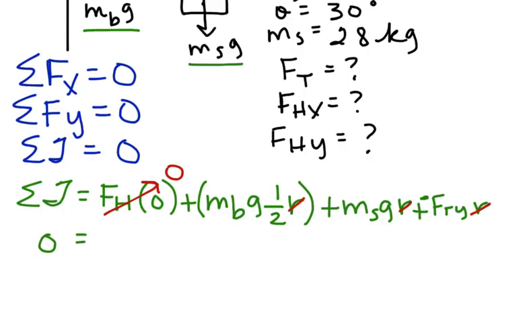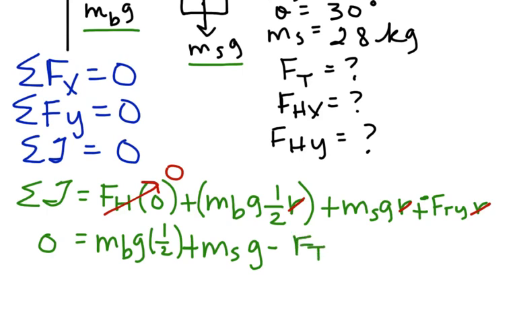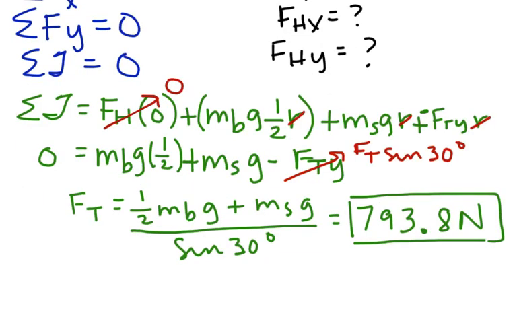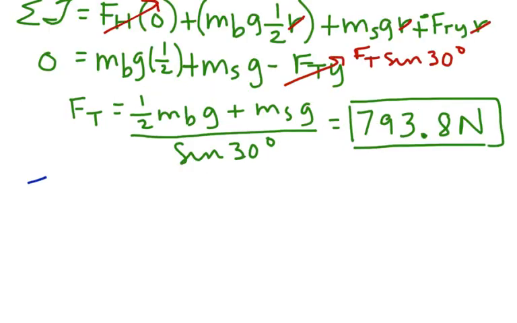And so what I'm going to be left with is 1/2 the weight of the beam, plus the weight of the sign, minus the force of tension in the y direction. So solving for F sub t, I get 793.8 newtons.